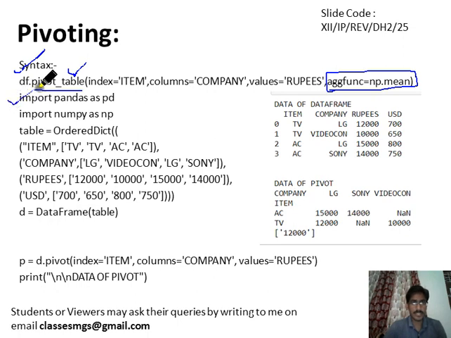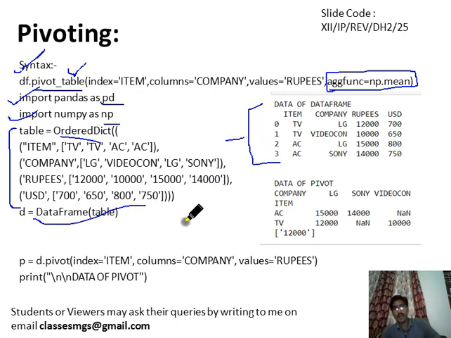Like I am giving a demonstration: import pandas as pd, import numpy as np, we do it regularly. Then we are creating this data frame. Forget about the order, dictionary, etc. Using this code we are just creating a data frame d. Now what is there in this data frame?